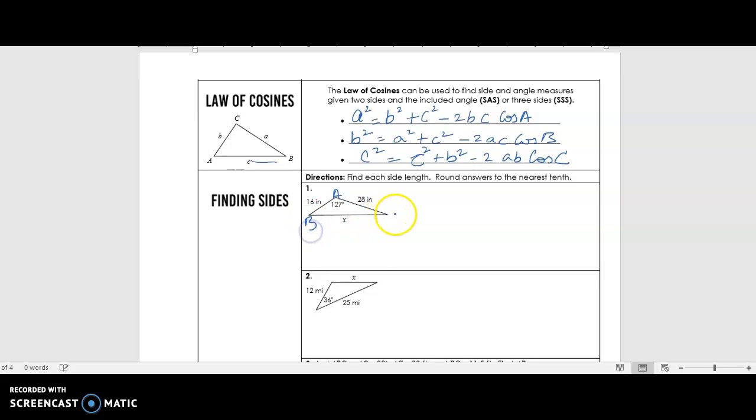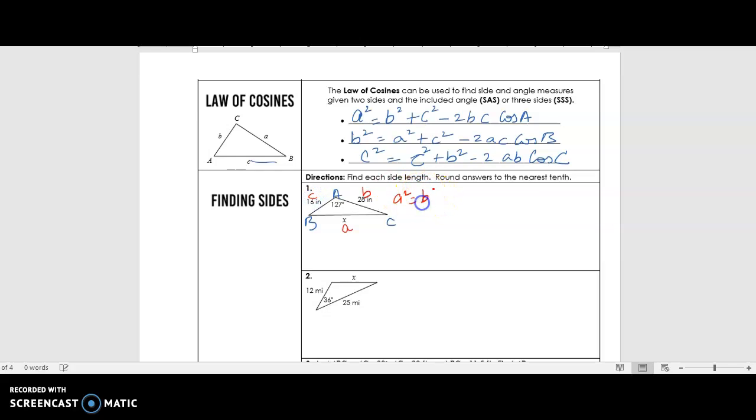A, B, and C, for example. Since we need to find the measure a, we'll do a squared equals, this is b and this is c, right?